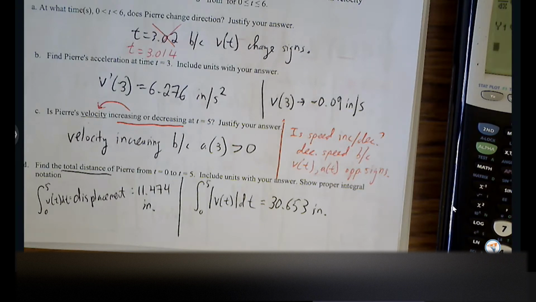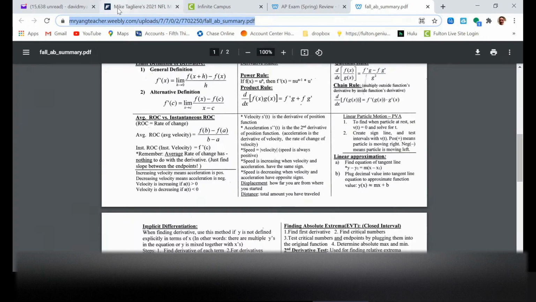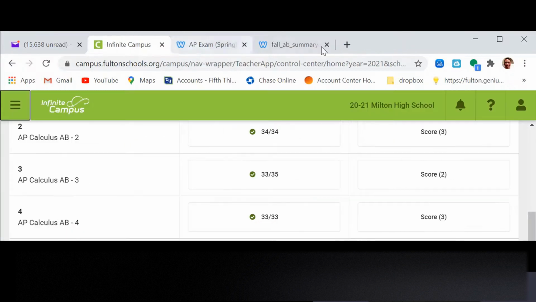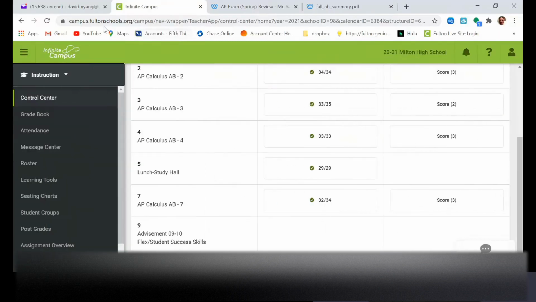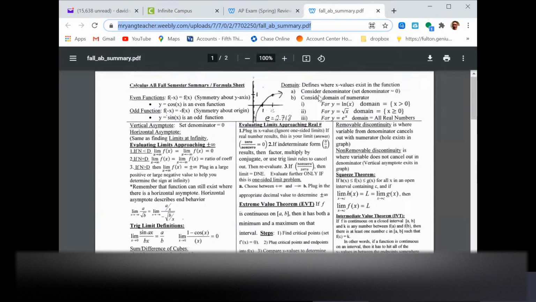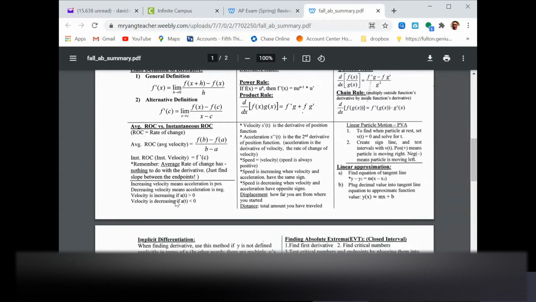I don't know if this is the same chart you're talking about, but okay, I'm screen sharing now. It's at the bottom of the first page, and I have it down here.